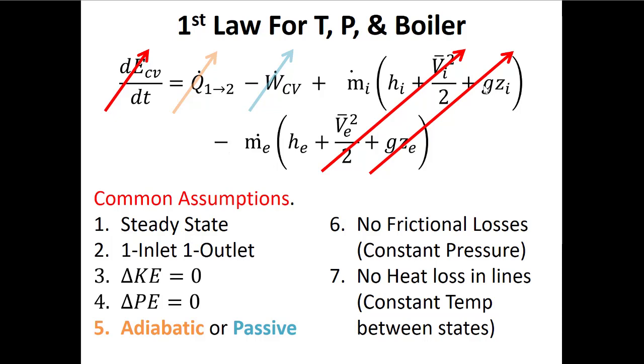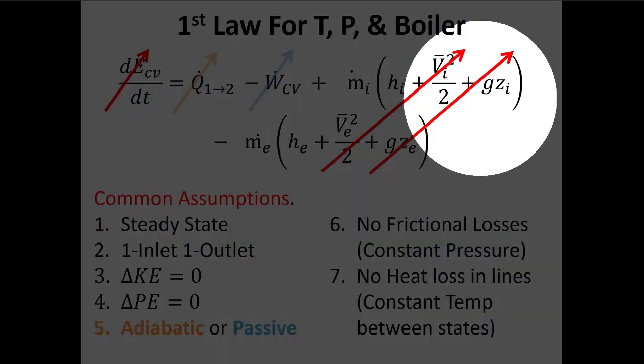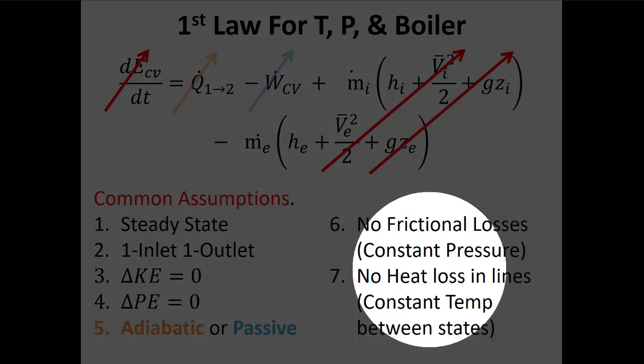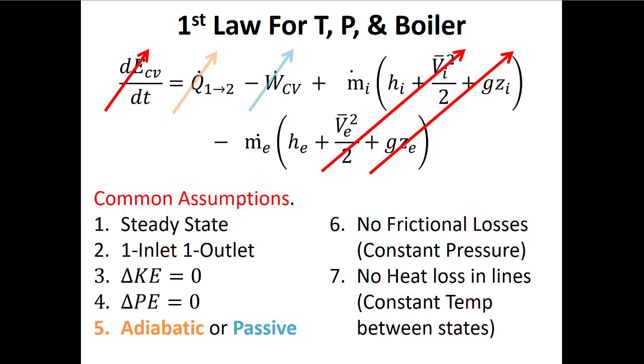And then also, in between states, I'll typically assume that there's no friction losses and no heat losses, so I don't have to separately calculate the state at the outlet of the turbine and then again at the inlet to the condenser.